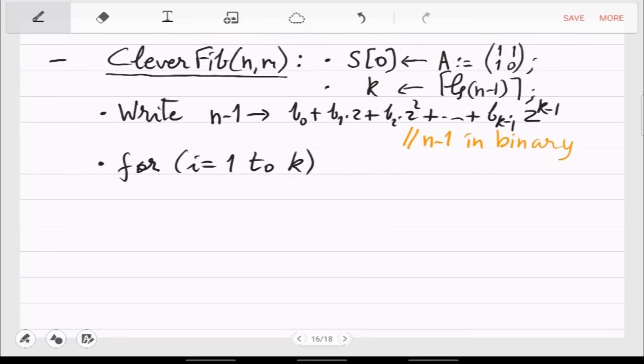So the powering we will do, as promised before, by this for loop, repeated squaring k times. We can do that using an array. So Si will just be Si minus 1 squared mod m.